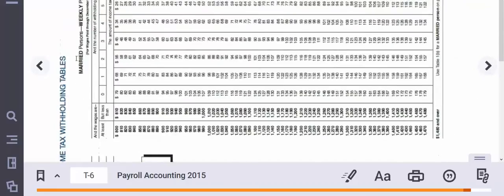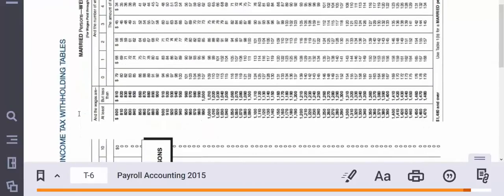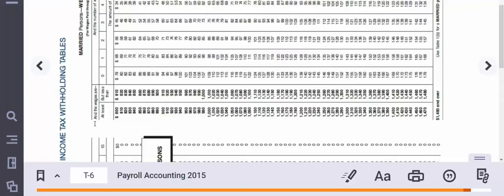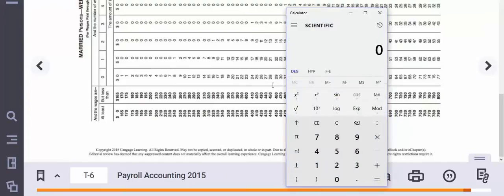Married weekly. And he's paid $360. So it says the wages are at least but less than. So we're going to go to the far column. He gets at least $360. But here's the trick. You're going to include tipped amounts in the tax calculations. So he's $360 for actual wages, but he gets $700. So his actual taxable income for this paycheck is $1,060.